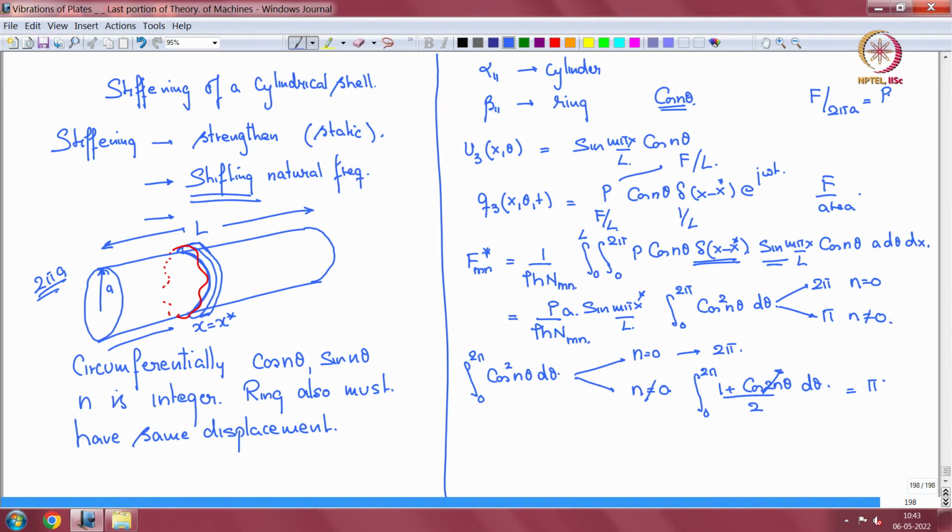Now let's look at Nmn. Nmn is again integral 0 to L, integral 0 to twice pi sine square m pi x over L cos square n theta a d theta dx. We have to go to the next page.